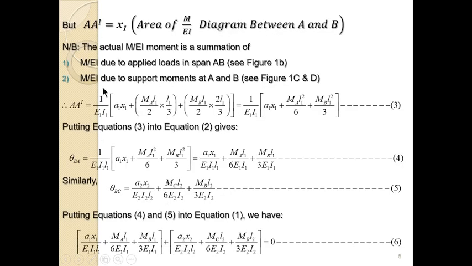But we must note that the actual M over EI diagram is a summation of the one due to the applied load on AB, and the M over EI diagram due to the supports at A and B. So we are going to do it bit by bit. Each of them we are going to multiply the centroidal distance by the area of the M over EI diagram.